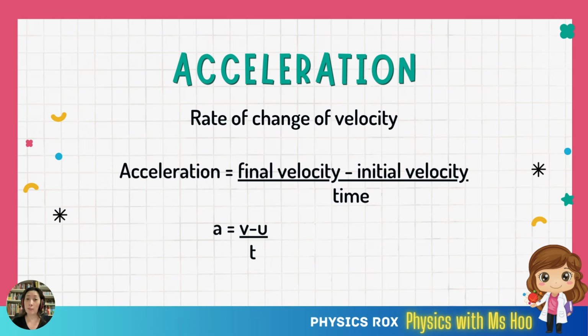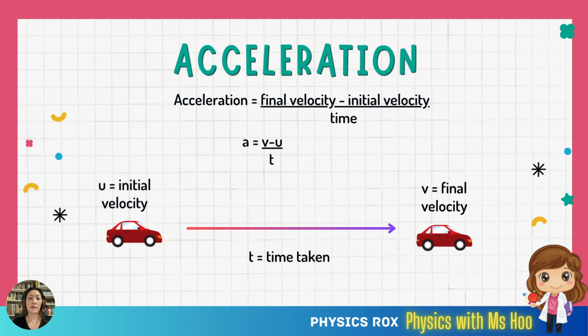That's why the formula for acceleration is final velocity minus initial velocity divided by time. So the change of velocity is the final velocity minus initial velocity. This can also be written using symbols of a equals v minus u over t, where u is the initial velocity, which means the starting velocity of the object.